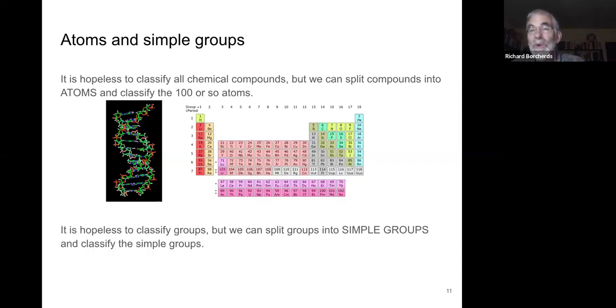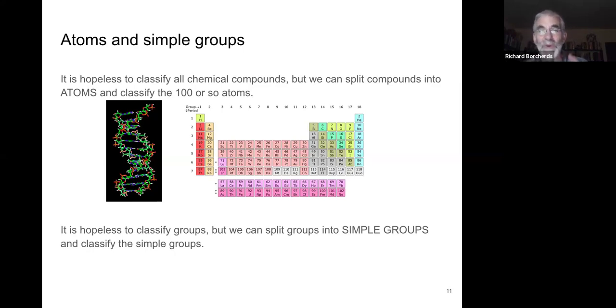There's about 100 of them, and you can put them into this nice table. And then we've got a sort of classification of molecules, because they're all built out of atoms, and the atoms are joined together by bonds, and there are lots of ways of joining atoms together, but in some sense, we have a rough classification of all compounds.